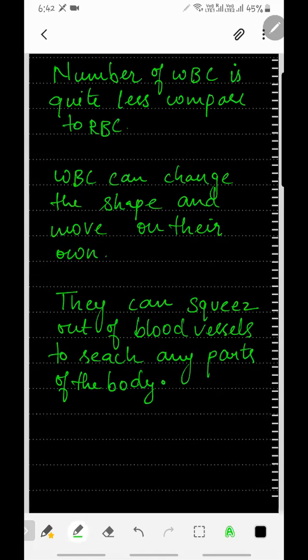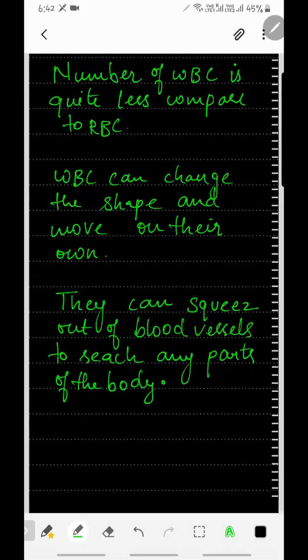How does WBC regrow? WBC cells are produced, and if the number is reduced, it will be produced again by bone marrow. Generally, WBC number increases when the infection in the body increases. Suppose bacteria are more inside the body, the number of WBC will increase.